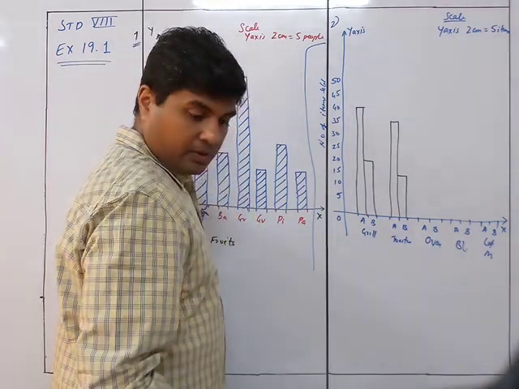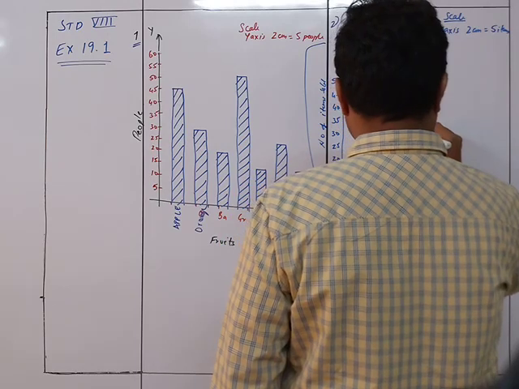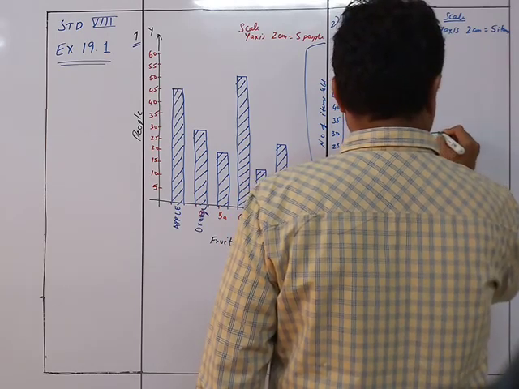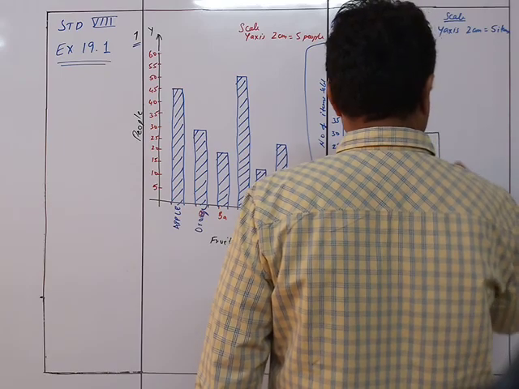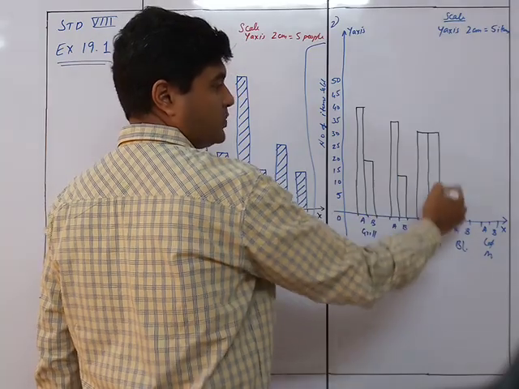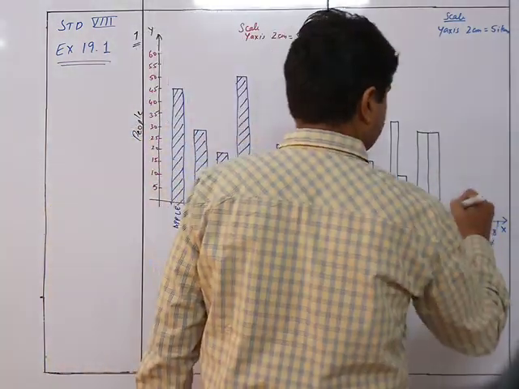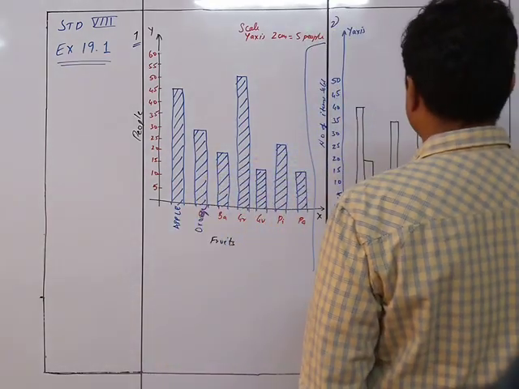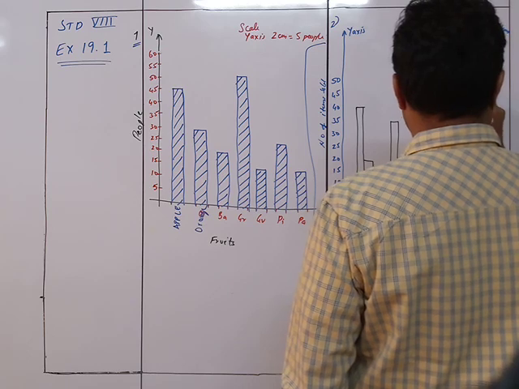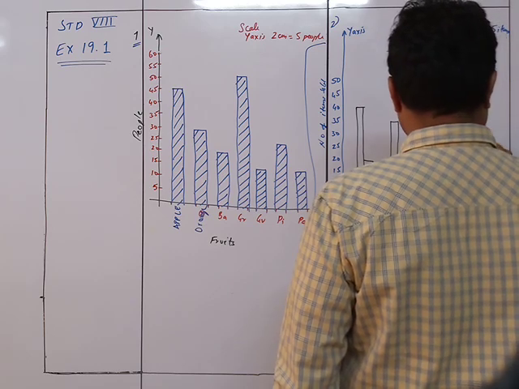Okay. Next one is 30, 30 each. That will make it 30 for both of them. So 30, 30 each. This one and this one go together. Next is 40 and 30.